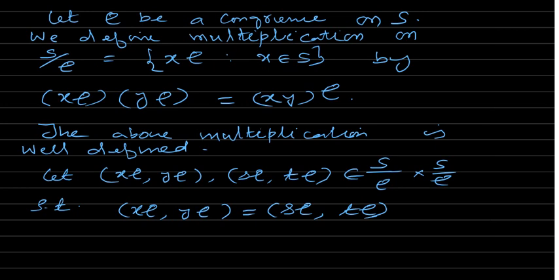So this equality gives xρ is equal to sρ and yρ is equal to tρ. The ρ class of x and the ρ class of s are the same, and the ρ class of y and the ρ class of t are the same.